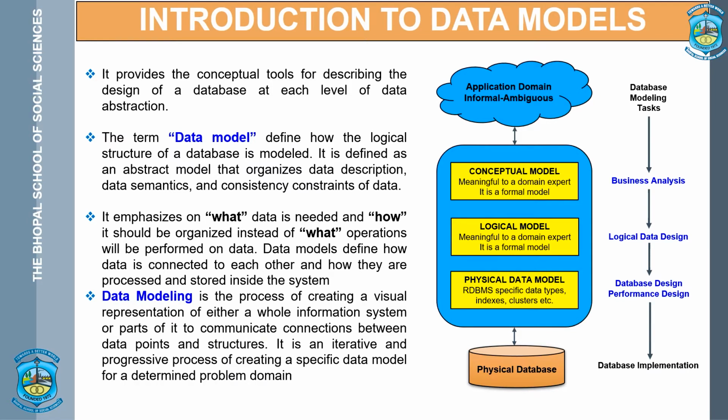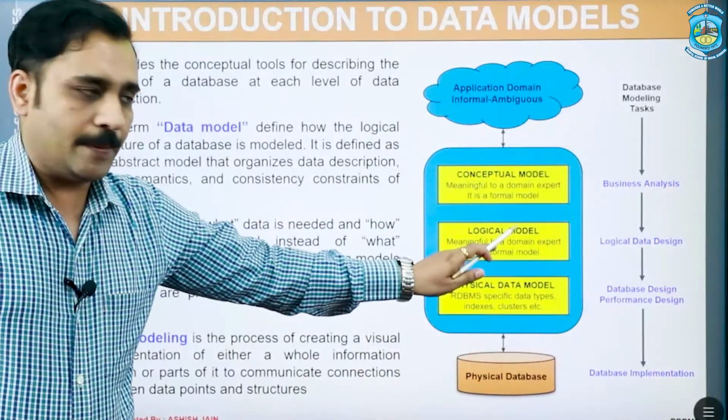So we can define data modeling as the process of creating a visual representation of either a whole information system or parts of it, as well as the communication between the data points and the structures. At this level, we have the application domain which is very informal and ambiguous. Then we have the conceptual model.